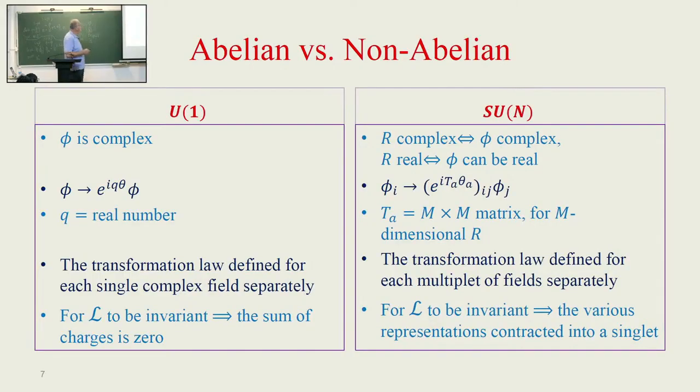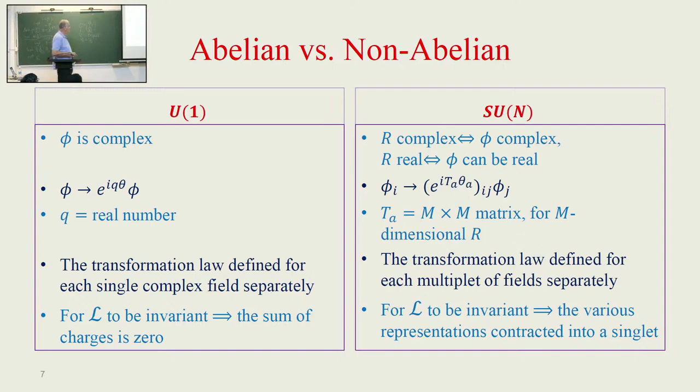So, let's see a little bit the differences between abelian and non-abelian symmetry groups or transformations. If phi is charged under a U(1), so it does transform under a U(1) transformation, it must be complex. The transformation law is phi goes to e^{iqθ} phi, where q is the charge, and it's a real number.